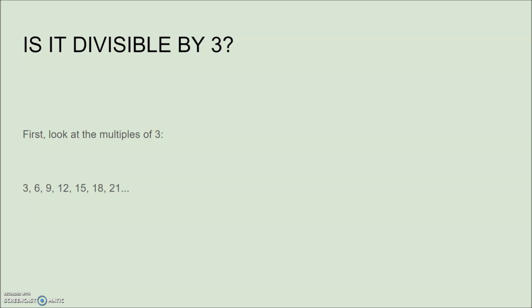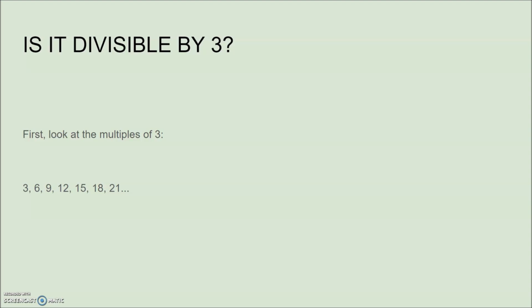So simply, is it divisible by 3? Well, first, I think you need to know your multiples of 3. Because if it's a multiple of 3, that means it's divisible by 3. So think about a multiplication chart you may have seen. Or maybe in your class, your teacher had you sing a song to remember the multiples of 3. But I listed a few down below. It says 3, 6, 9, 12, 15, 18, 21.